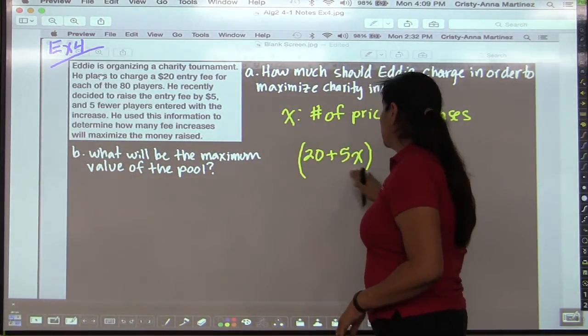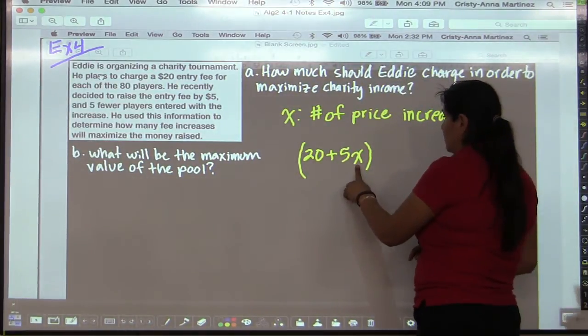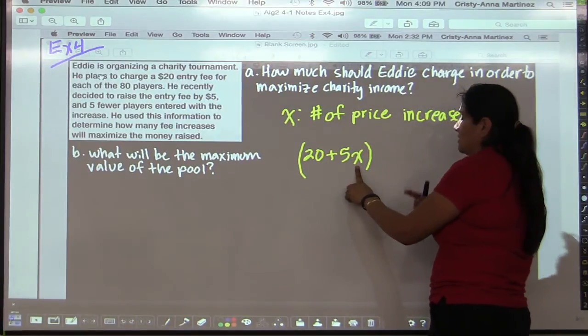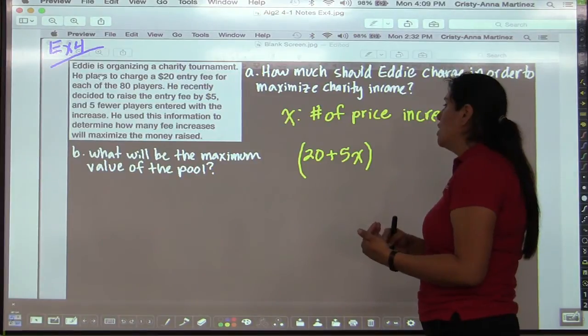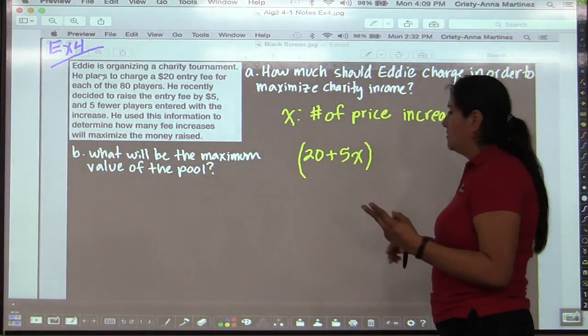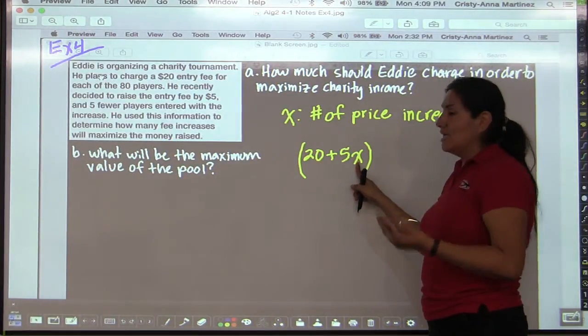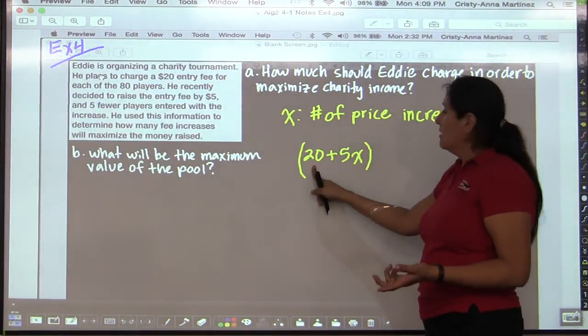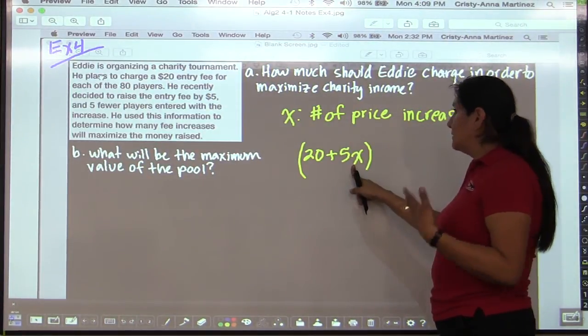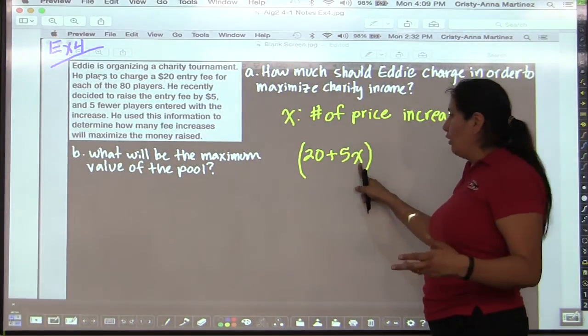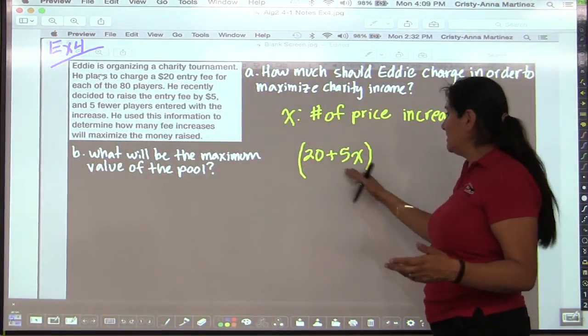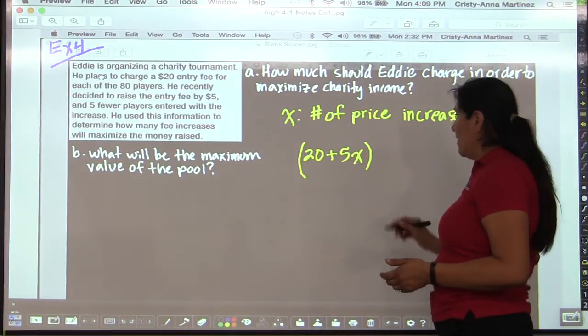This represents how many times he increases the price, and every time he increases the price, he's increasing it by $5. If he increases the price 2 times, then he's added $10 to the 20 that he already had. If he increases the price 7 times, then he's adding $35 to what he already started with. I hope that makes sense. So that's where the 20 plus 5x comes from.